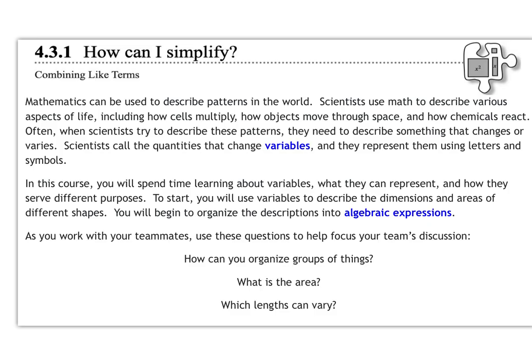In this course, you're going to spend time learning about variables, what they represent, and how they serve different purposes. To start, you will use variables to describe the dimensions and the areas of different shapes. You will begin to organize the descriptions into algebraic expressions.